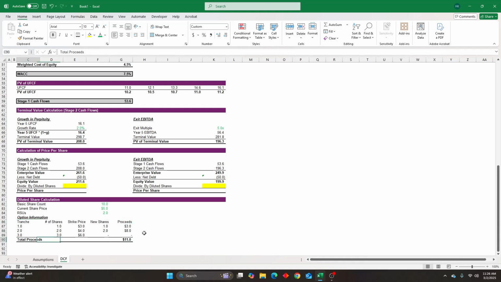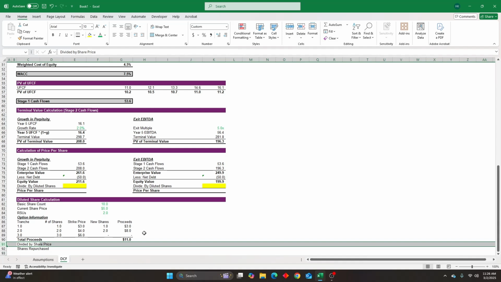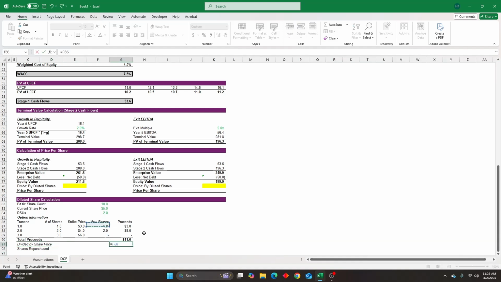Now, with this total proceeds in mind, the last thing we need to look at is dividing by our share price, and so we can get our shares repurchased. So we'll link back up to it. Our share price is 5, meaning if we take this divided by this, we can repurchase 2.5 shares. But we also need to look at how many shares were issued. It was 3 total.